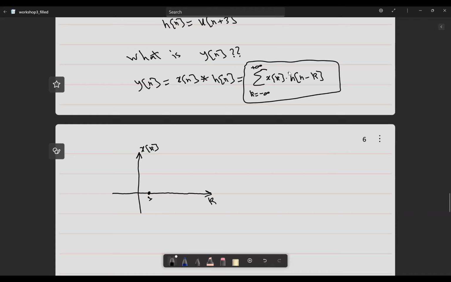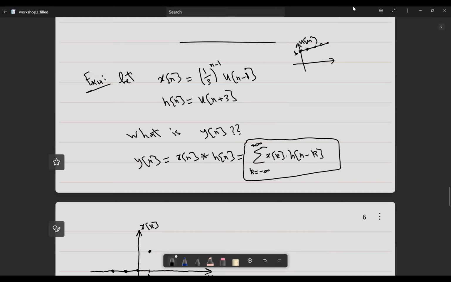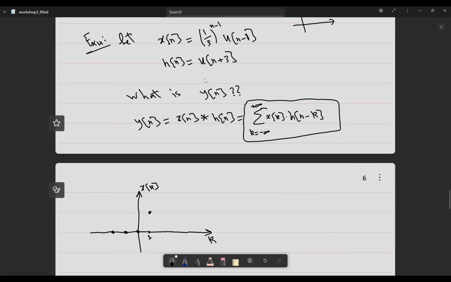Let's say this is 1. We'll have the first non-zero value here, and everything to the left is 0. The value here is (1/3) to the power 0, which is 1. So the first value is just 1.